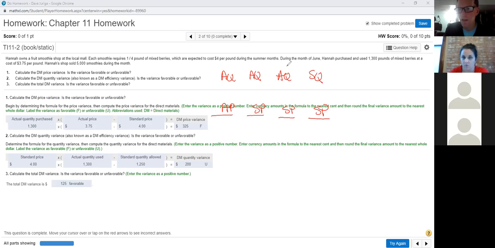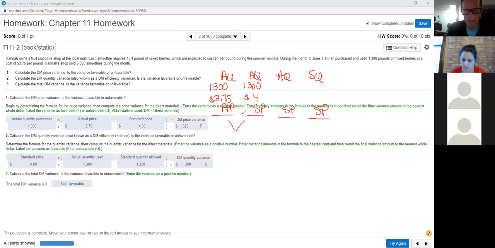Again, this would be really unconventional, but this is a method I'm trying to show you in terms of the reasoning on what you're comparing. The actual quantity purchased was 1,300. I would plug that in there. The actual price was $3.75. I'd write that there. The standard price was $4.